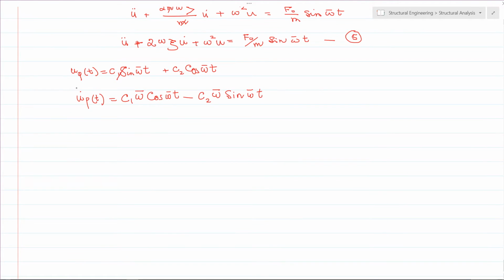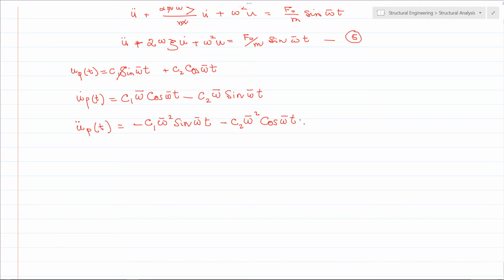Now its second derivative, u double dot p t, will be equals to, now derivative of cos is minus sine, so there will be a negative sign, minus c1 omega bar square into sine omega bar t minus c2 omega bar square, derivative of sine is cos, so it will be cos omega bar t.